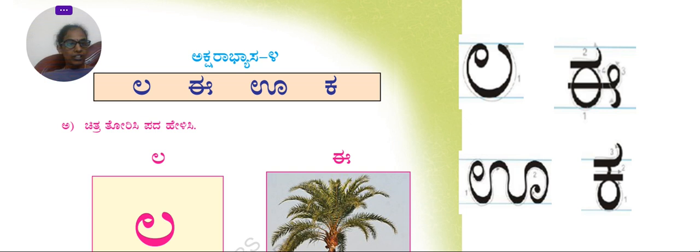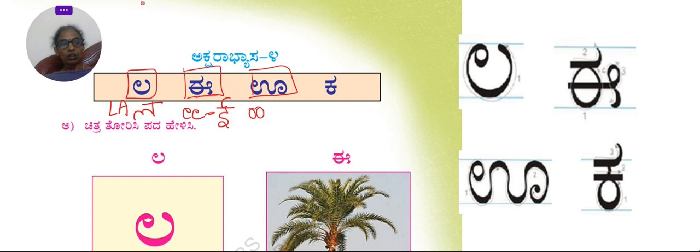So this is La, the first alphabet in today's lesson. Then this alphabet is E, as in when we say seed. Then this alphabet is U, as in moon, and it is this in Hindi.